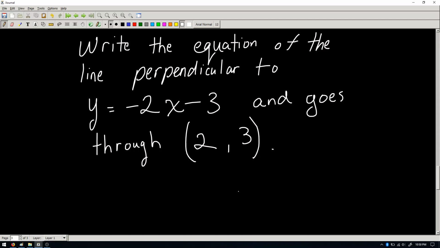So we need the equation of the line perpendicular to this equation, and it goes through this x and this y.